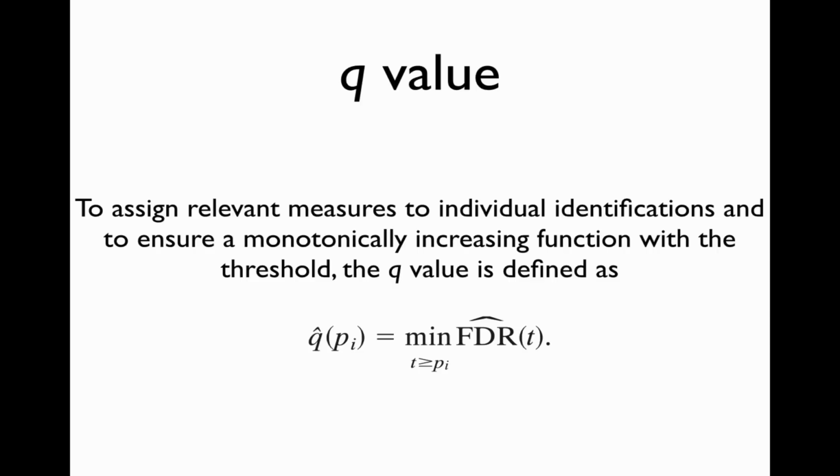This is useful because otherwise we would have multiple sets that would include the current p-value, but we just select the one that has the lowest false discovery rate as the definition of the Q value. This is in some way analogous to the p-value itself.